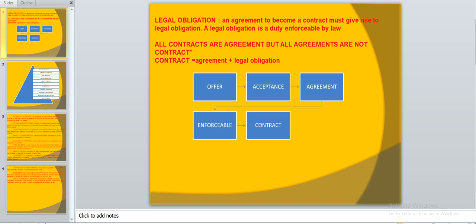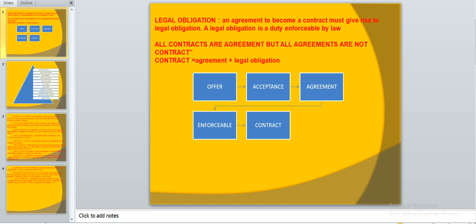By stating this, we'll discuss that contract is equal to agreement plus legal obligation. What is agreement? Agreement is equal to offer plus acceptance. We'll see in brief how the contract is going to be formed. First the offer will be given.